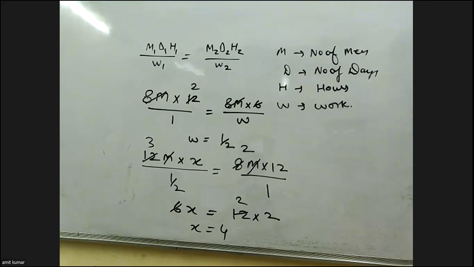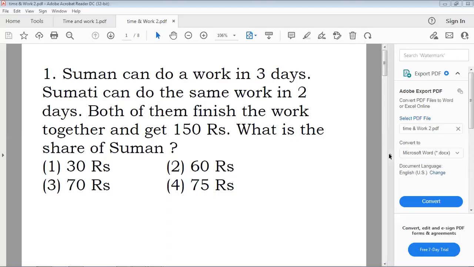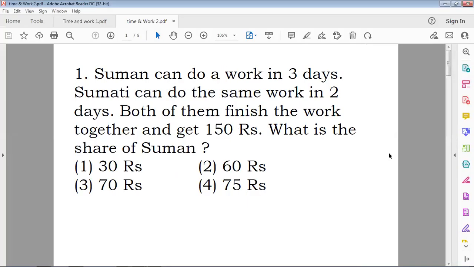Now, how can we divide the money? Let me show you the question, then please try to solve it. See, if the question language is like this, how can we solve it? Suman can do a piece of work in 3 days.